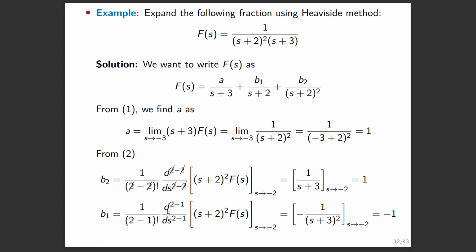So now it is actually a derivative, the first derivative of this term. So now I'm going to have the derivative of 1 over s plus 3, which is -1 divided by s plus 3 squared. Substituting -2, I'm going to get -1. So B2 ends up being 1, B1 ends up being -1.